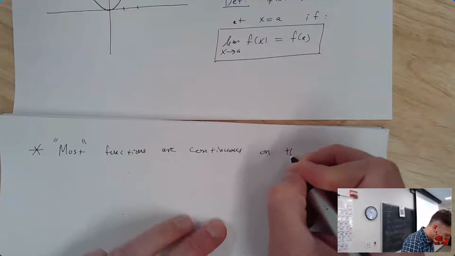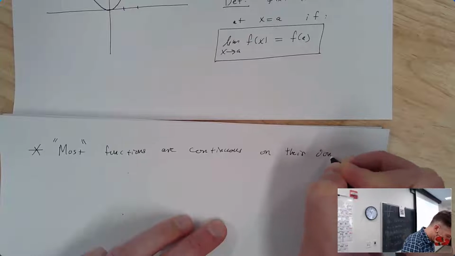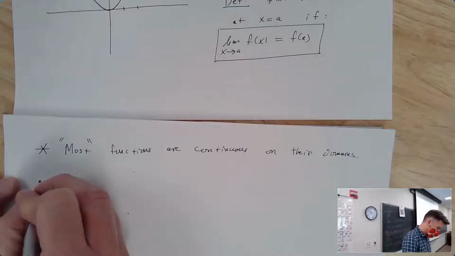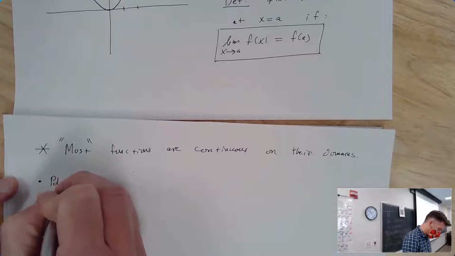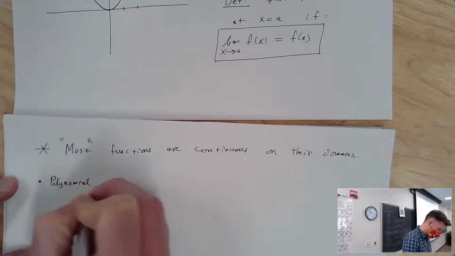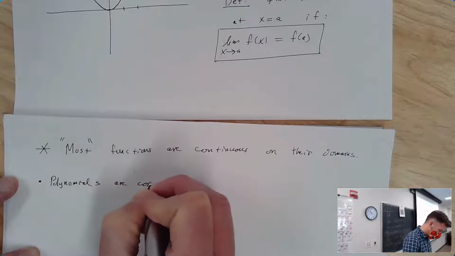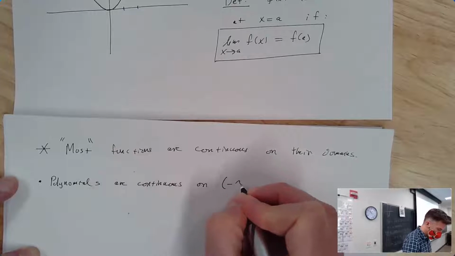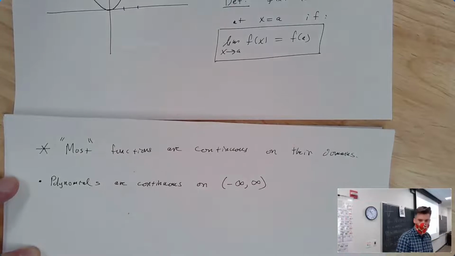Let me give you some examples. So, polynomials are continuous everywhere. Or as you want to say, on the set of all real numbers.